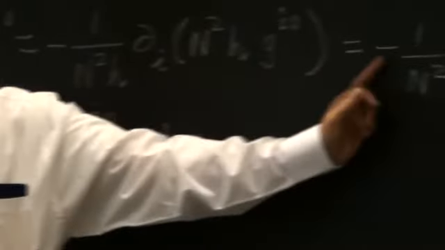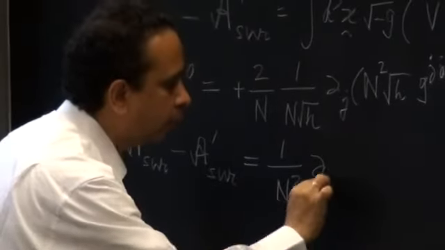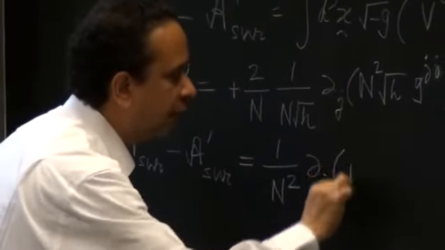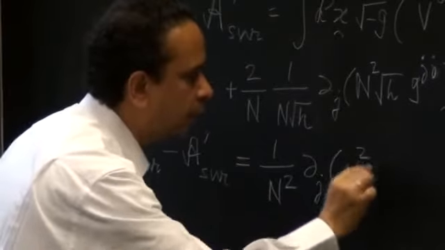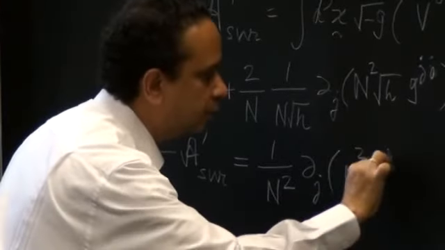And in the other, this is minus, but here is a factor 2. So you end up getting 1 upon n square dj of n square gj0.